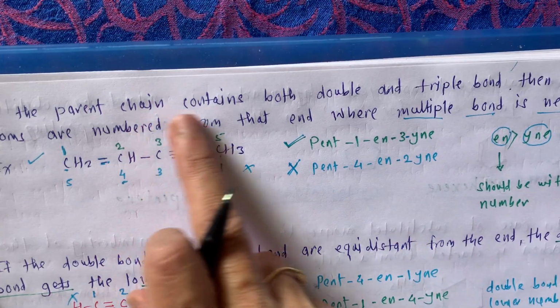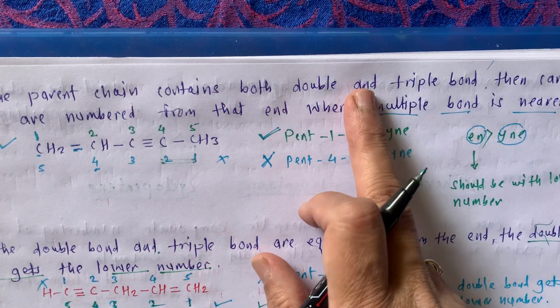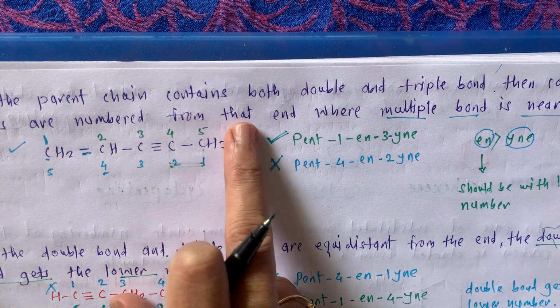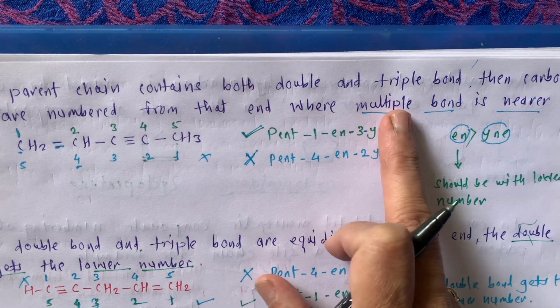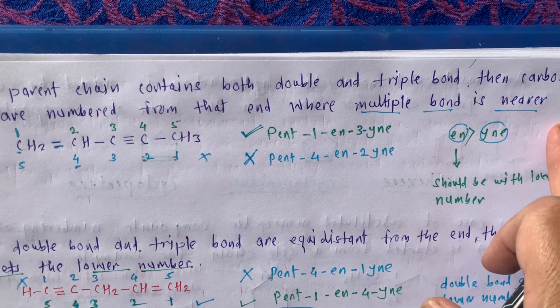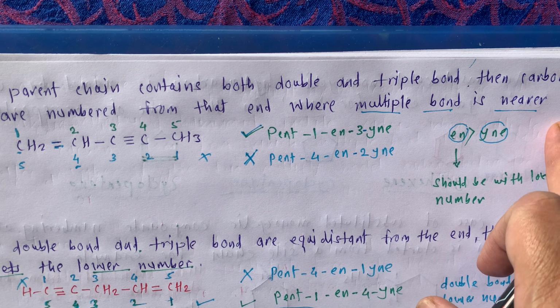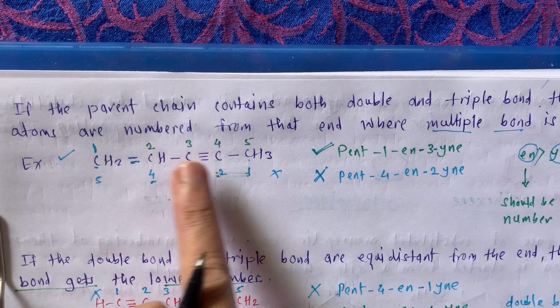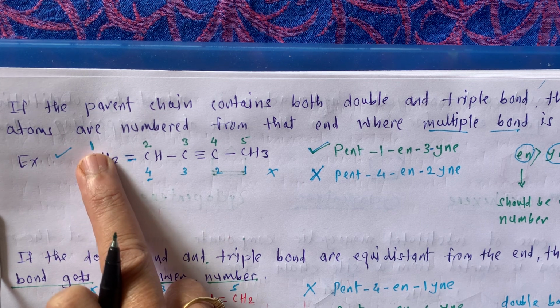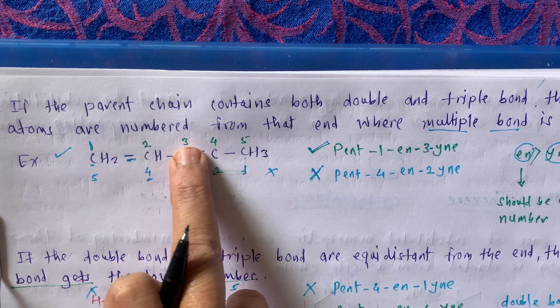If the parent chain contains both double and triple bonds, then carbon atoms are numbered from the end where the multiple bond is nearer. See now here, here is a double bond and a triple bond. If you number from here, the double bond comes on the first carbon and the triple bond on the third carbon.